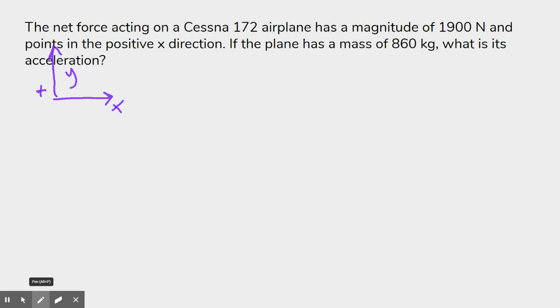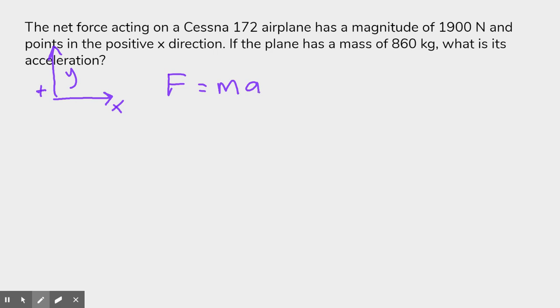Well, we are only given information about an x component, so this one will be very, very simple. Let's just take Newton's second law, which is F equals ma, and plug in the information we know.